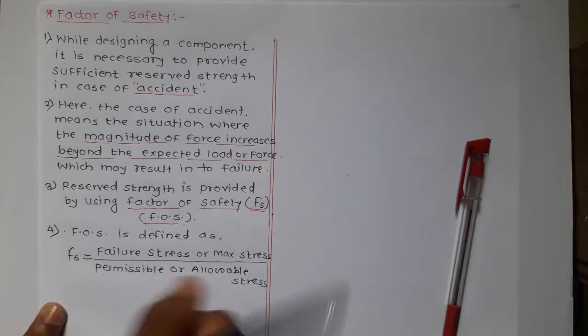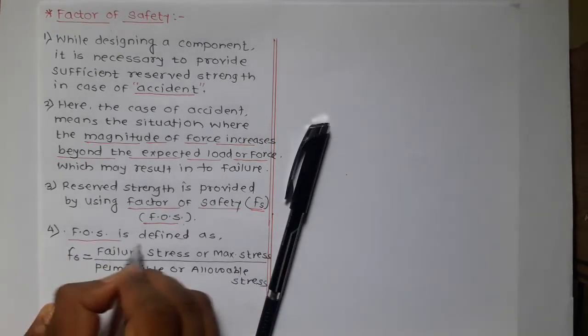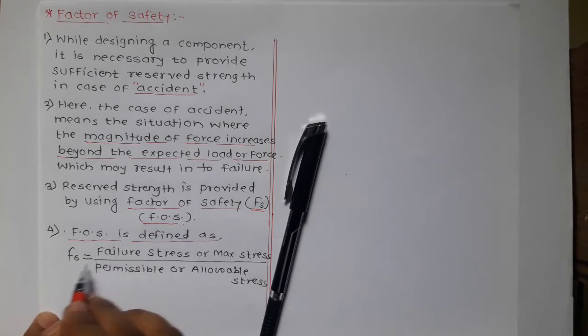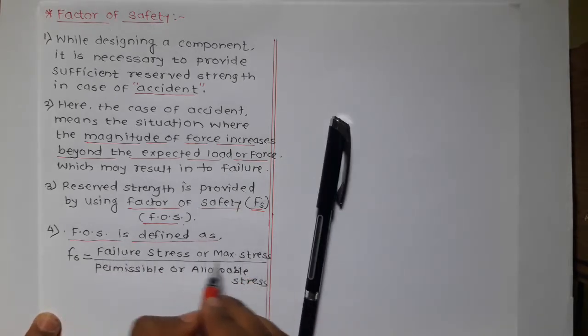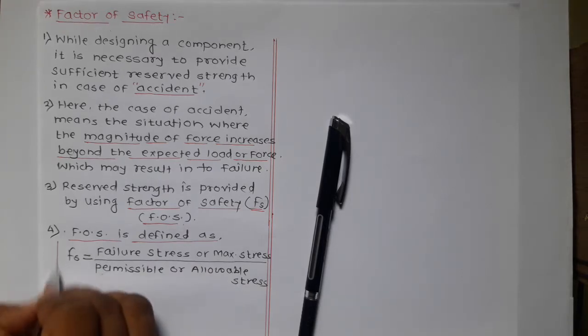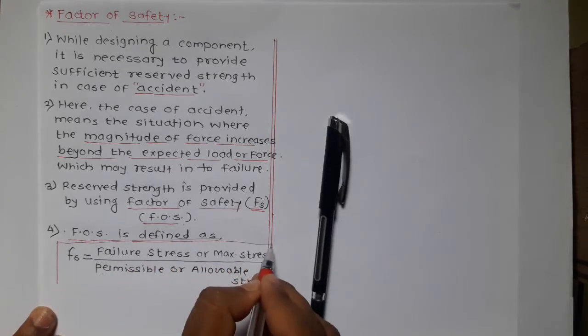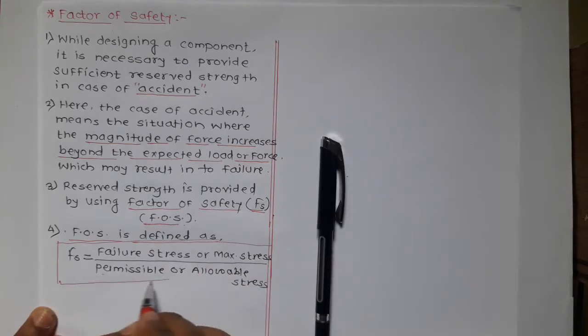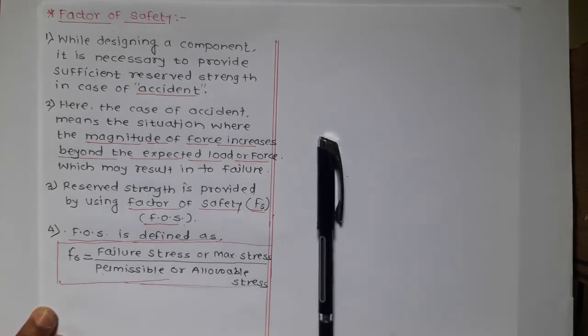So this factor of safety is defined as the ratio of failure stress, which is also called maximum stress, upon permissible stress, which is also called allowable stress. So this is the definition of factor of safety. It is the ratio of failure stress to the permissible stress.